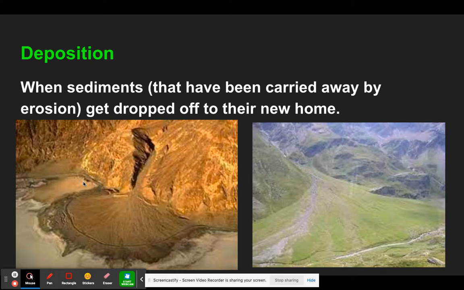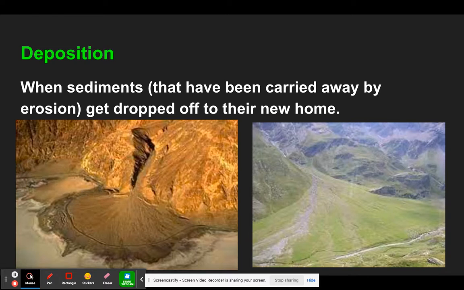And then deposition happens. As deposition happens, that means those sediments are dropped off. So think of this process kind of like UPS. Let's say that package is at the factory. It's a new iPhone, so it's at the Apple Store. And then it gets moved out of the Apple Store by erosion, and then it gets delivered to your house.